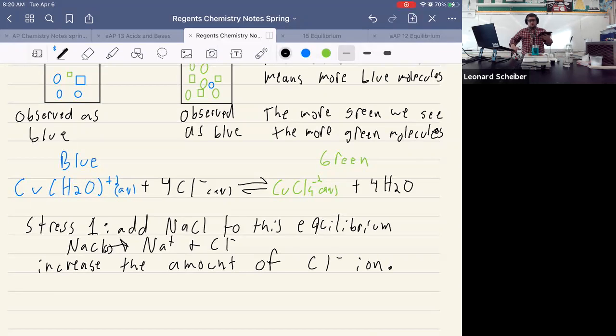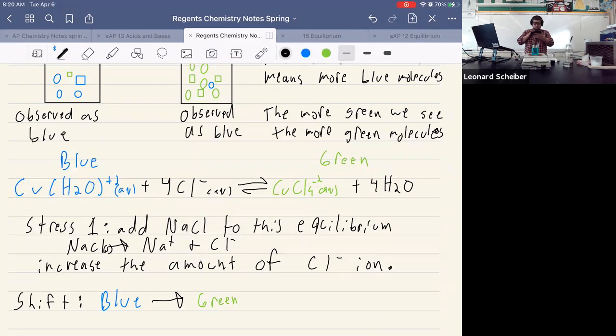Now, what happened? What did we observe? The shift was that there was a change. The solution went from blue to green. How does that help us? How does that overcome the stress?